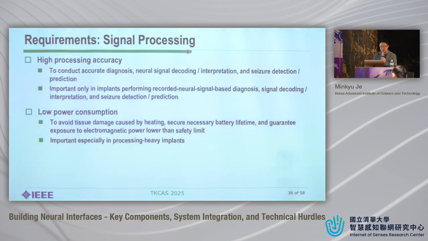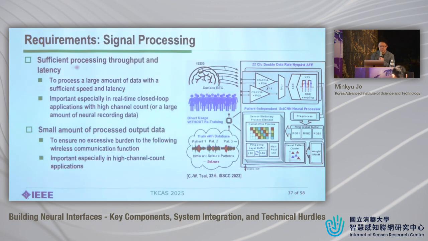So finally, the signal processing. High processing accuracy and low power consumption are important. And sufficient processing throughput and latency to process a large amount of data for the scalable system with sufficient speed and latency. And a small amount of processed output data to ensure no excessive burden to the following wireless communication function.